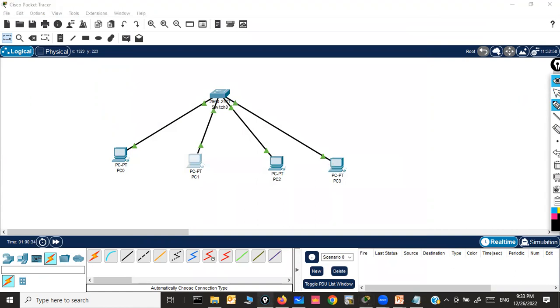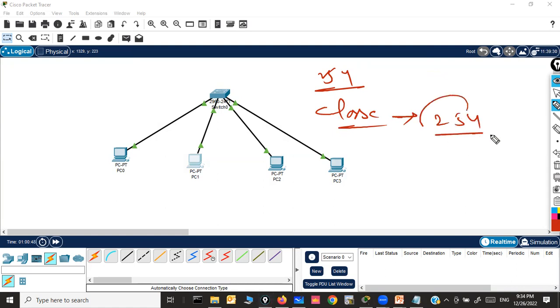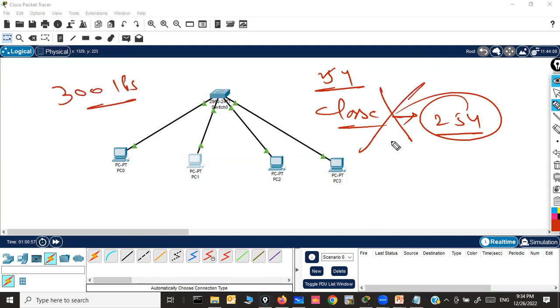So you got the idea. If I am using a class C network, it means a maximum of 254 usable addresses. But my requirement is what? 300 IPs. So at least I cannot go with a class C address, right? So either I can use class A or maybe class B address.